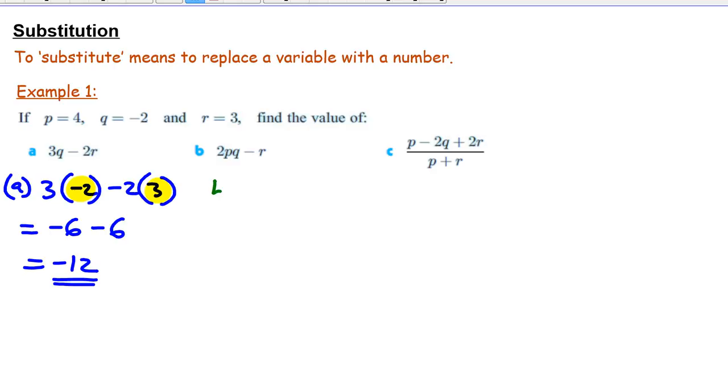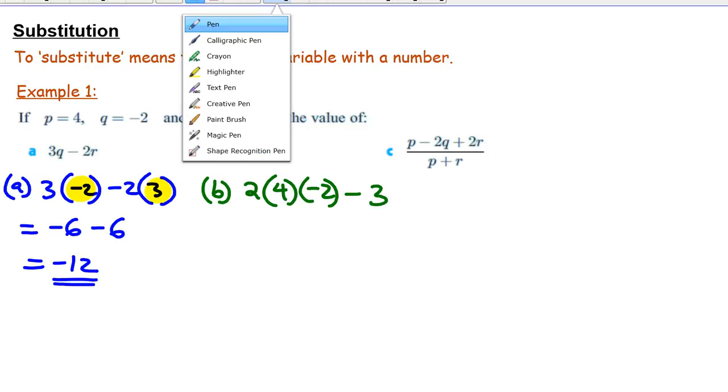But B, we have 2pq minus r. So 2 multiplied by p, which is 4, multiplied by q, which is -2, minus r, which is 3.